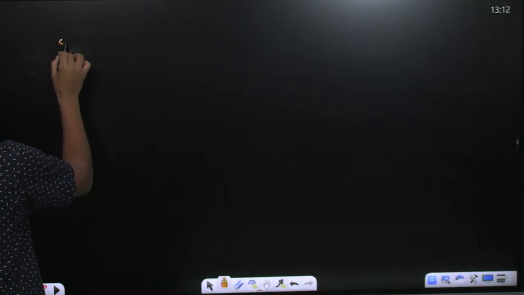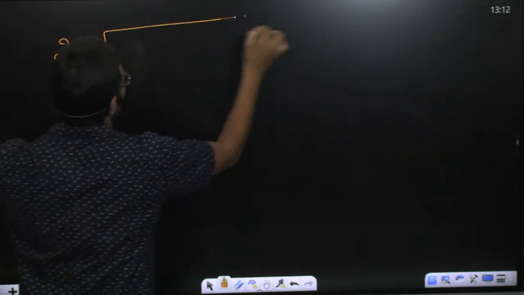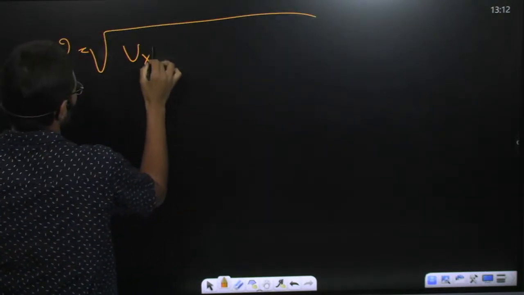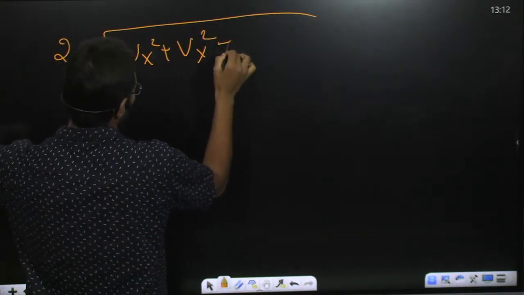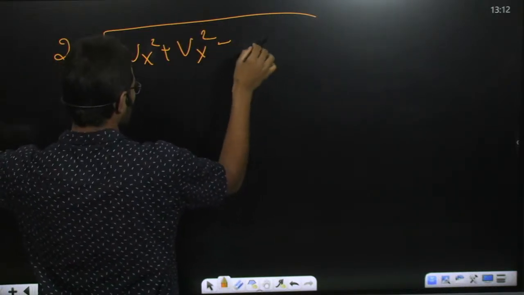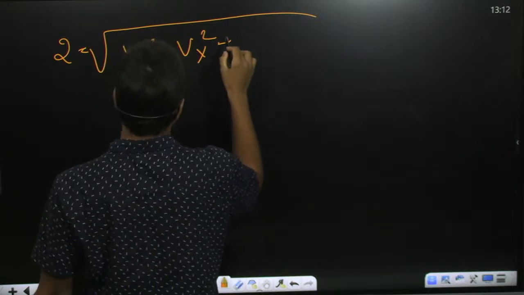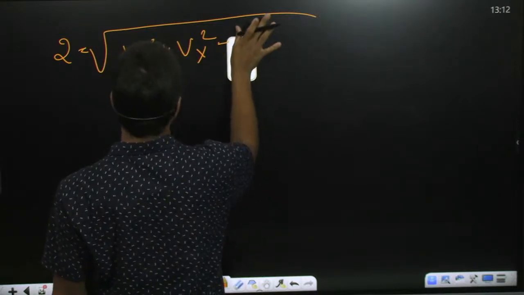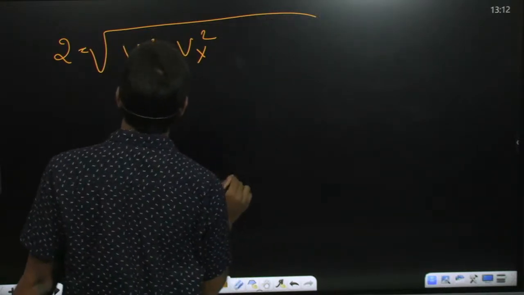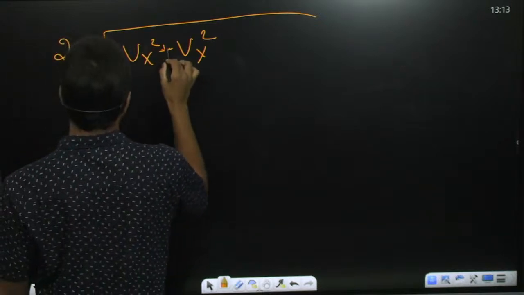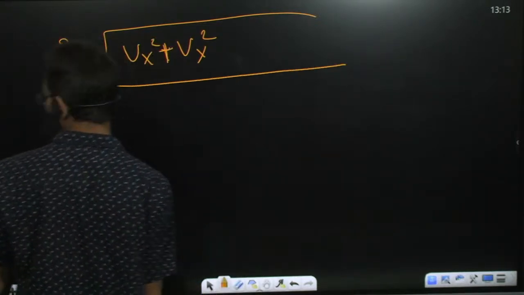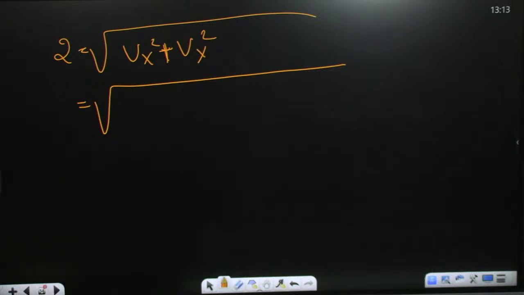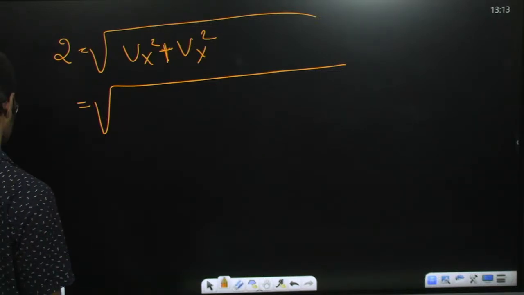Let's see. See, we know the magnitude as 20, right? Under root of Vx square plus Vy square plus 2 Vx Vy cos 90. So if you try to solve this, the angle between them is 90, so that term is 0. So Vx square, what is Vx square?